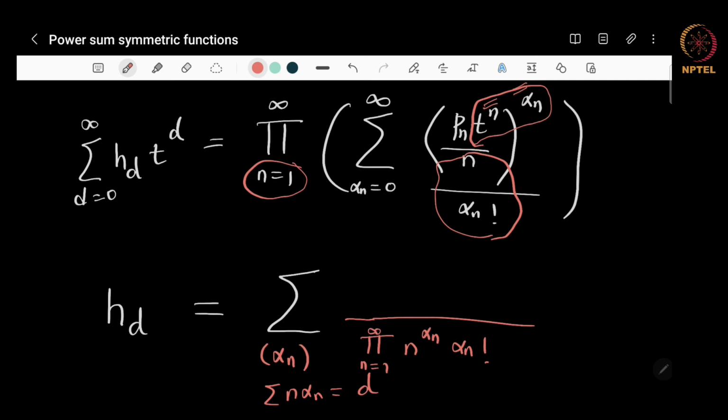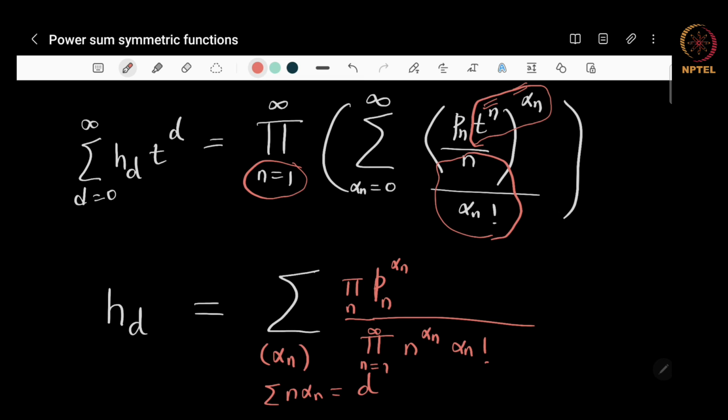The numerator is p n occurring alpha n times, so this is just p n to the alpha n, again product over n. And finally the coefficient of t is just d.